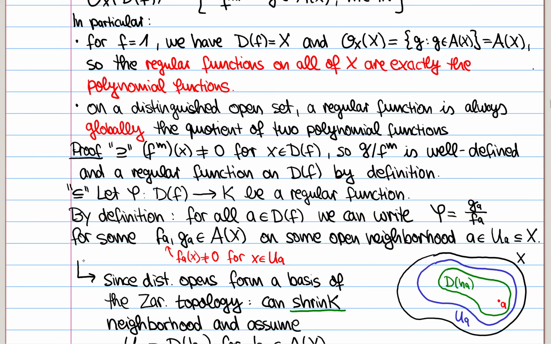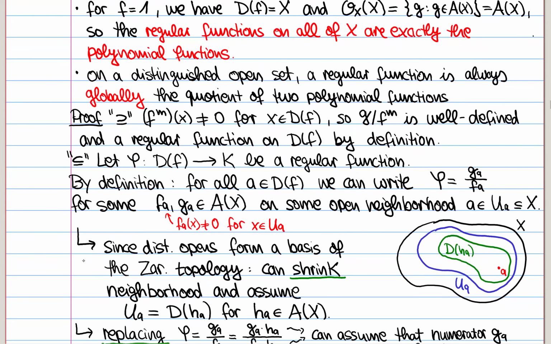So until now, we have just entered the definition of phi being a regular function. And basically, the first part of the proof is now just to start with this data and start manipulating it a bit and making it simpler and simpler.